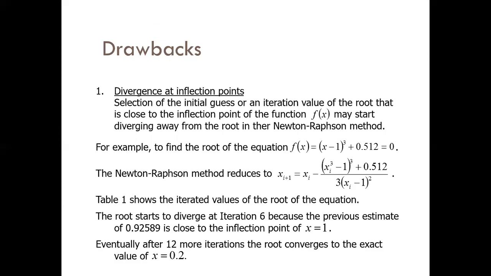The drawback of that method is divergence at inflection points. Means if the selection of the initial guess, or an iteration value of the root, is close to the inflection point of the function f of x, it may start diverting away from the root in the Newton Raphson method.